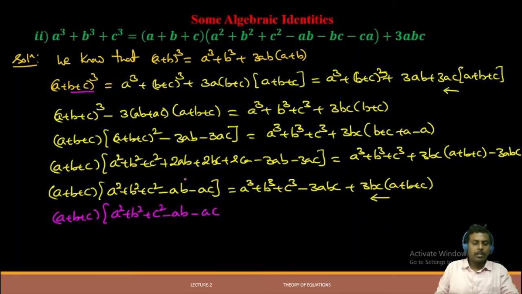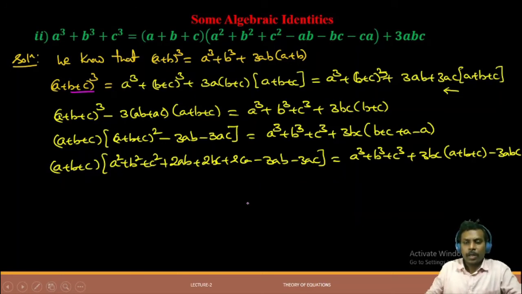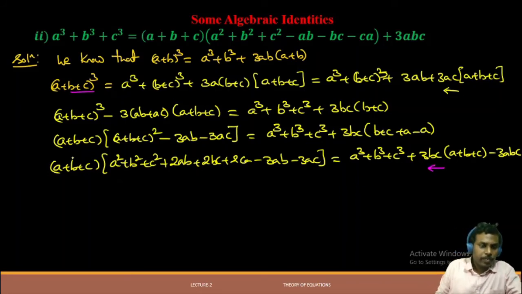Of course, here I am left with, okay, let us send this term this side, then this becomes a plus b plus c into a square plus b square plus c square.